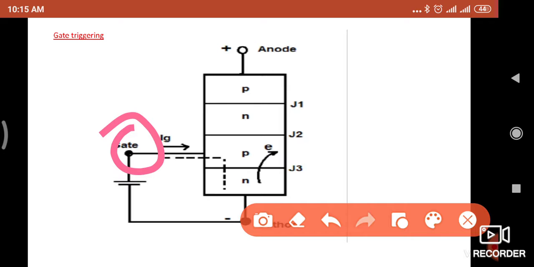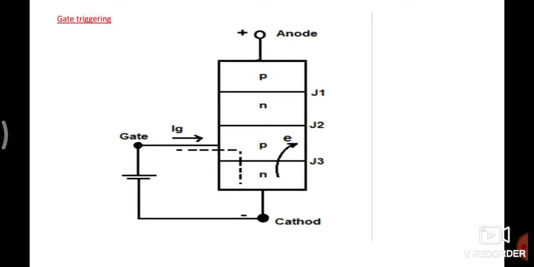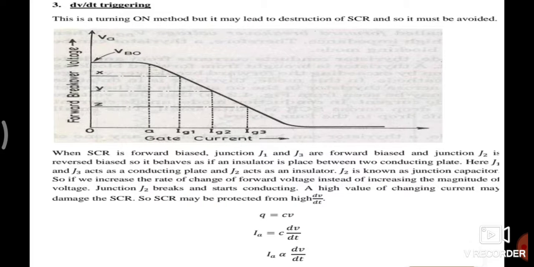Let us see the next method, dV by dt. Here we have to observe one thing.